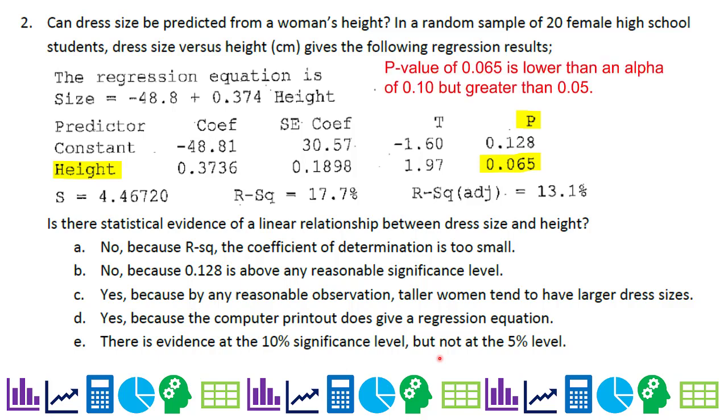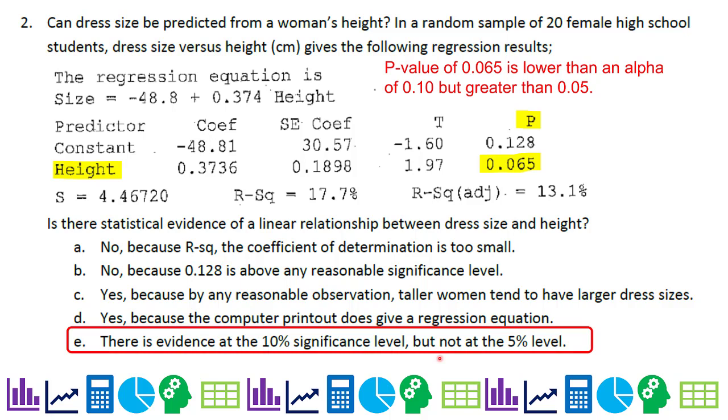So that looks true. Let's double check. A p-value of 0.065 is lower than an alpha of 10% or 0.10. So that means it would be significant at the 10% significance level, right? But at 0.05, it's greater than 0.05. So we would fail to reject at the 5% significance level. So the correct answer is E.